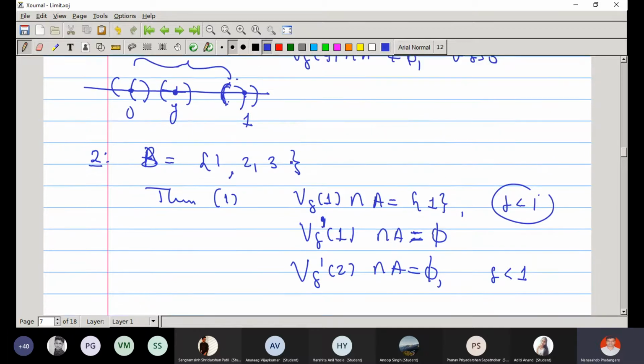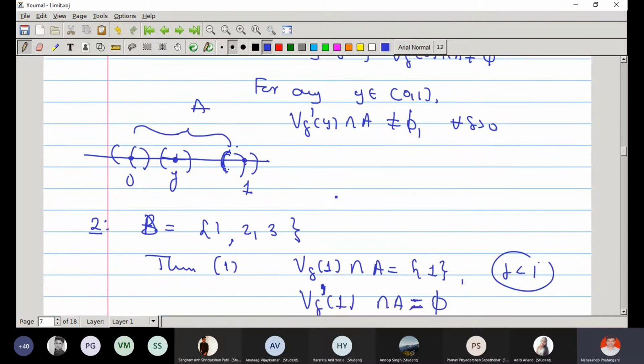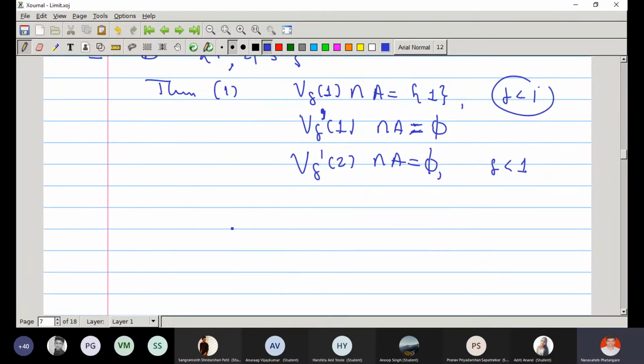So what is the difference between these two sets A and B? If you take the deleted neighborhood of a point, if you choose any real number y, the deleted neighborhood of y intersection with B is always empty, provided your delta is very small, right?